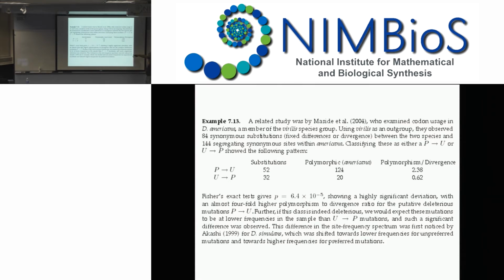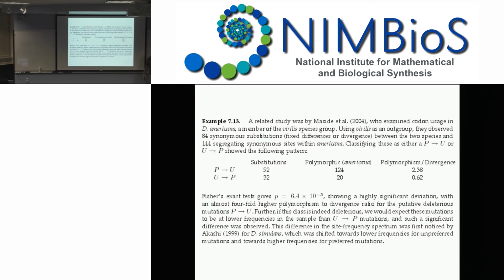What they saw were, here are the substitutions, here are the levels of polymorphism. If you look at these ratios here, the polymorphism to divergence ratio is much higher for preferred going to unpreferred.